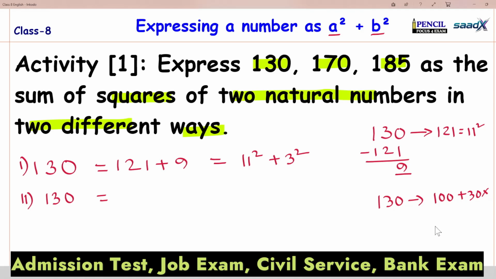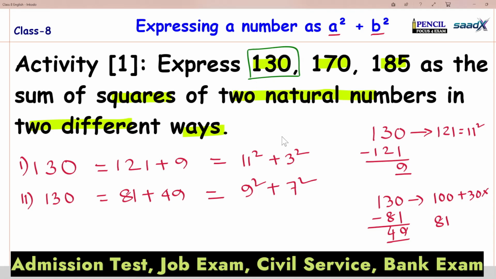So what is the third one? It's 9 square, which means 81. So 130 minus 81 is 49. 49 is also a perfect square. So in this case we can write 81 plus 49, which means 9 square plus 7 square. Okay, so that one is done.